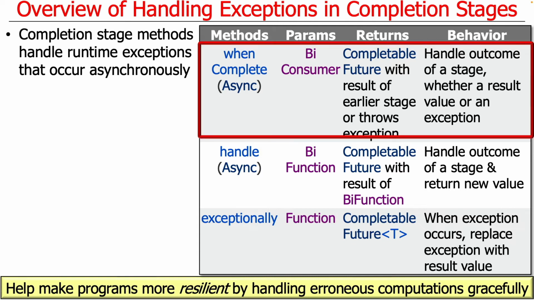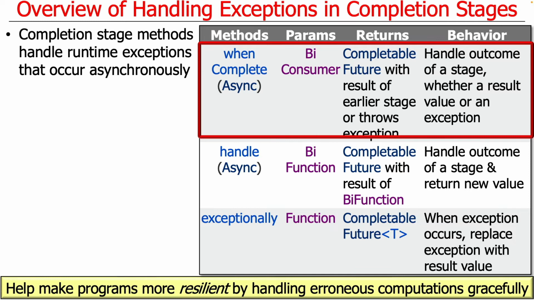One exception handling method, and I'm using air quotes here because it doesn't really handle the exceptions, but one method that can be used to do something if an exception occurs is called whenComplete. It takes a BiConsumer parameter, and it'll return a completable future with the results of the earlier stage, or it'll throw an exception. And this is very important: it doesn't swallow the exception.